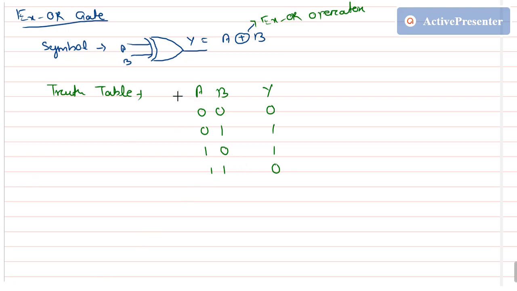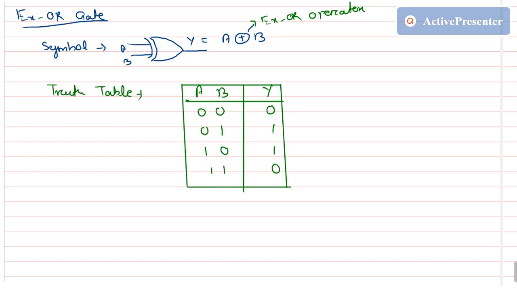Okay. So what you can see here is the output is 1 in two cases where the inputs are different.